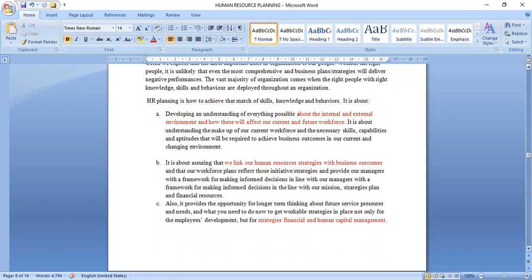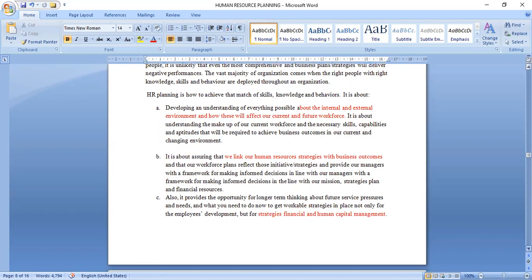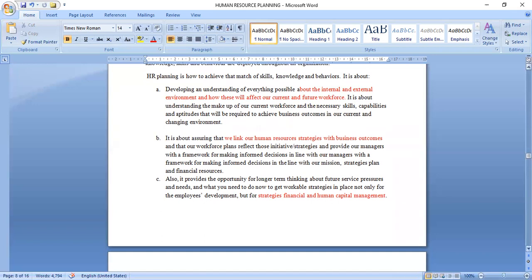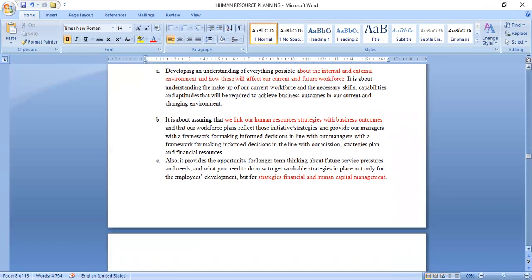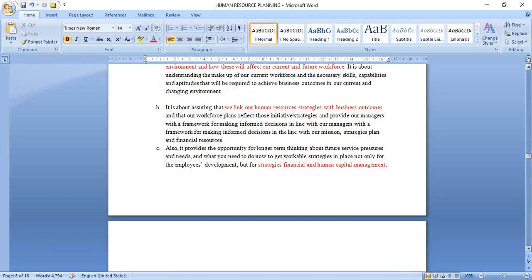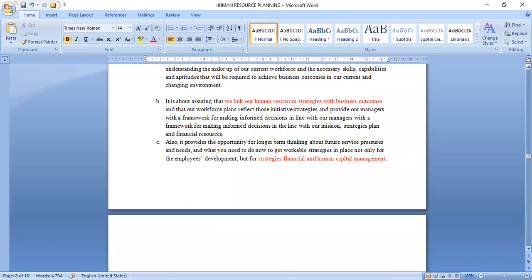So it is very important for organizations, as they are carrying out human resource planning, to understand the internal and the external environment that will affect the current and the future workforce. It's also important for these organizations to link the human resource strategies with the business outcomes.